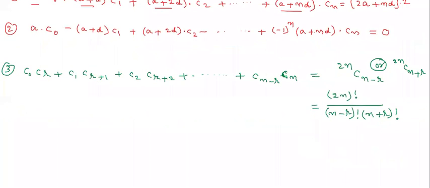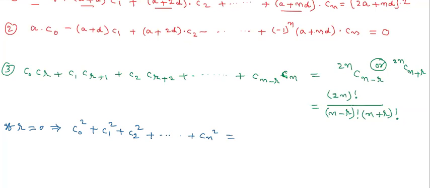Now, here, suppose in place of R, if R is equal to 0, then what happens, students? You will get another statement. C0 square plus C1 square plus C2 square and so on, Cn square.